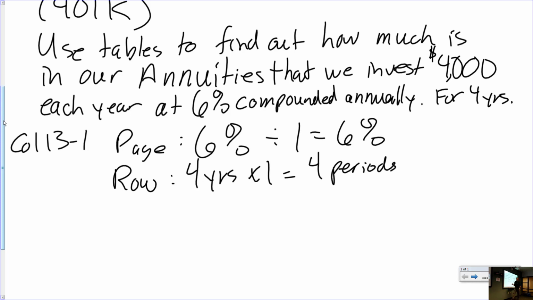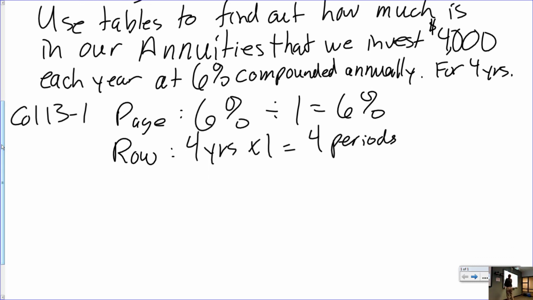There's going to be 4 periods, just like we did back in Chapter 12. And now we do exactly the same thing. You go to the tables. Brought my handy tables this time. We go to 6%. We go to row 4. Now we're using 13-1 amount of annuity.